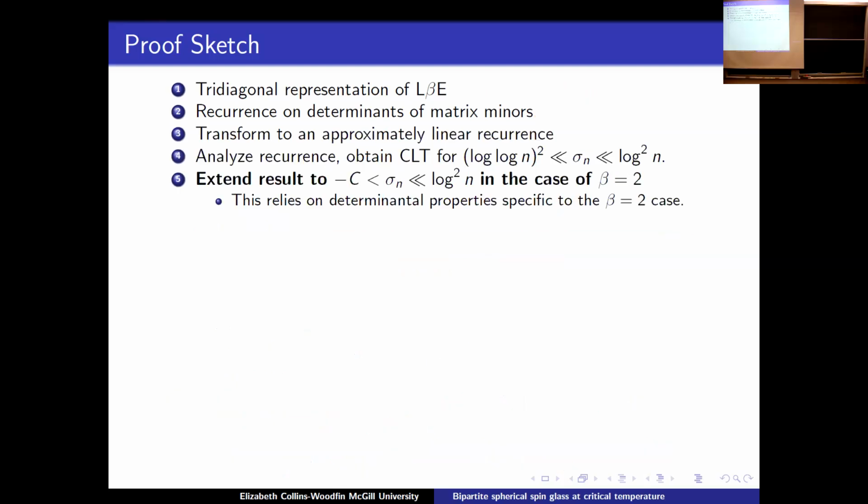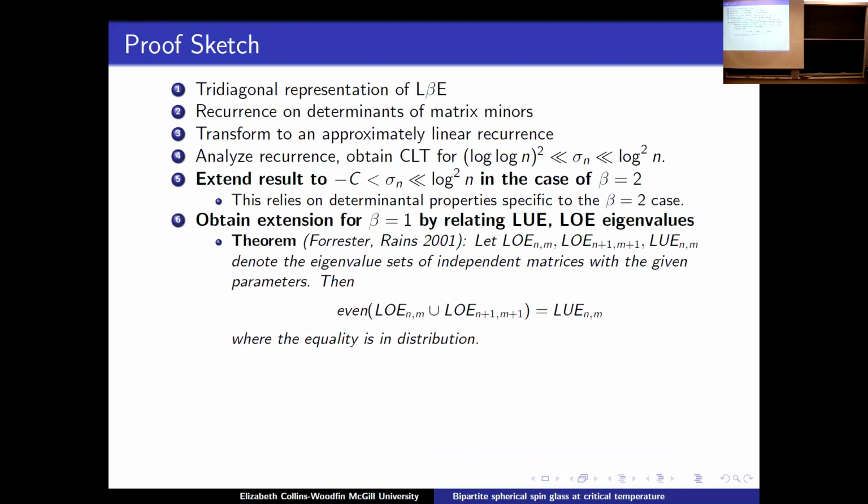And so then here we can extend it to beta equals 2 using some determinantal properties of beta equals 2. And then this was a fun thing. We can extend it to beta equals 1 by using this theorem of Forrester and Rains that connects the eigenvalues of the beta equals 2 case, which is called LUE, and the beta equals 1 case, which is called LOE.